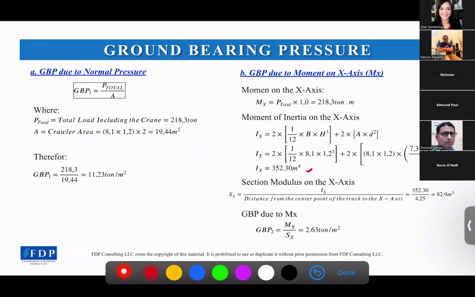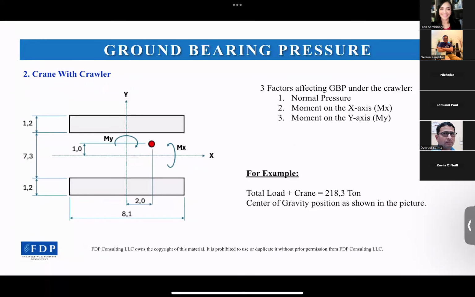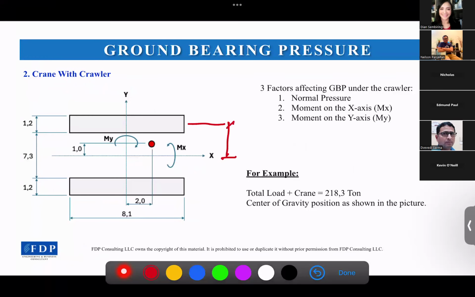Then we divide it by 4.25. 4.25 I get from 7.3 divided by 2 plus 1.2 divided by 2, because the distance between the tracks is 7.3.